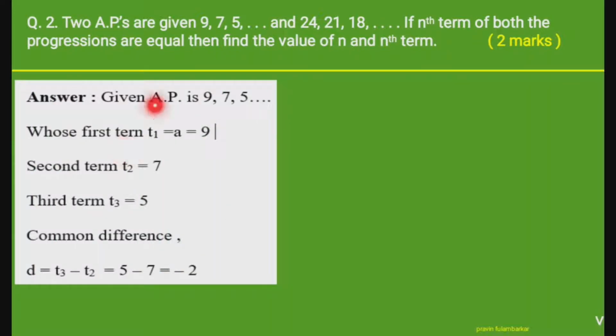So first we write given part, arithmetic progression. First arithmetic progression terms are 9, 7, 5. So here first term t1 equals a equals 9, second term t2 equals 7, third term t3 equals 5. So we calculate the common difference. So common difference d equals t3 minus t2, that is 5 minus 7 we get minus 2.